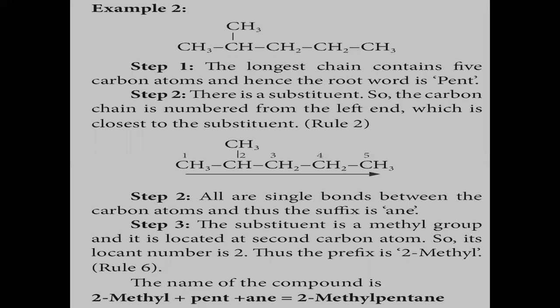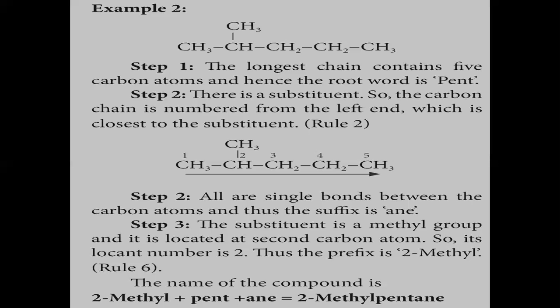So locator number 2. Since it is CH3, what is the prefix word? Methyl. So methyl, 5 carbon atoms are present, so pent. This compound has a single bond, so the suffix is ane. So 2-methyl pentane.